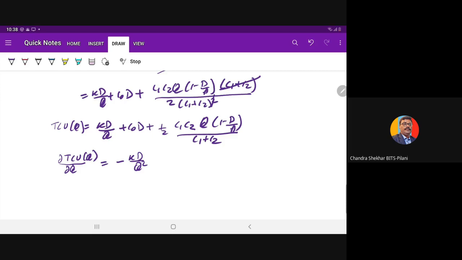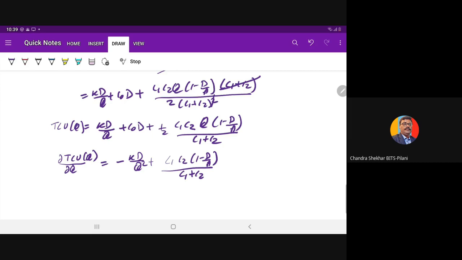The second term is independent of Q, so 0. Then from the third term we have C1 C2 into 1 minus D upon A upon C1 plus C2.